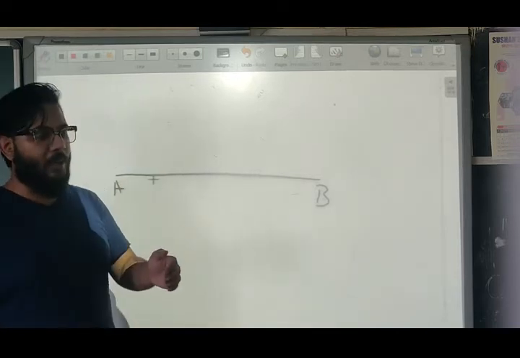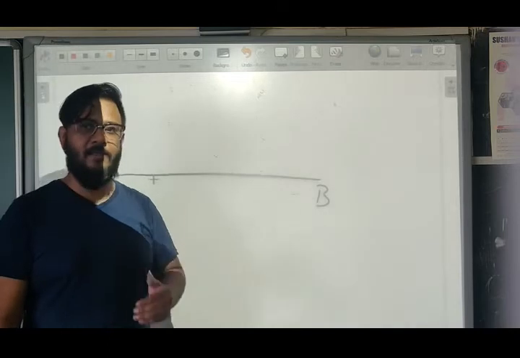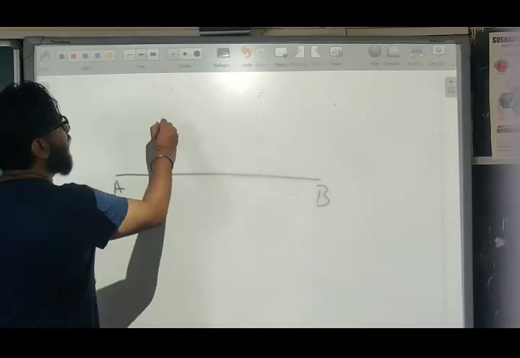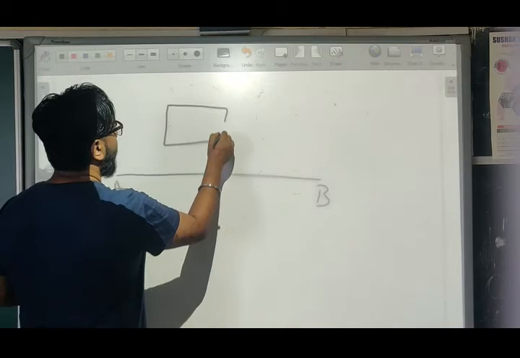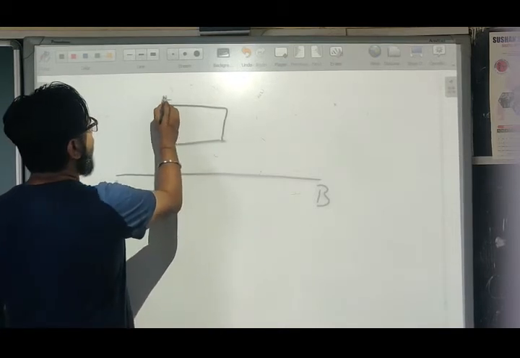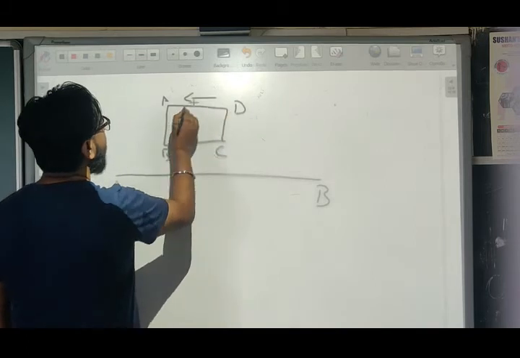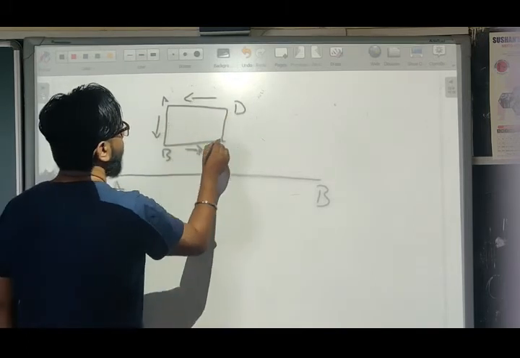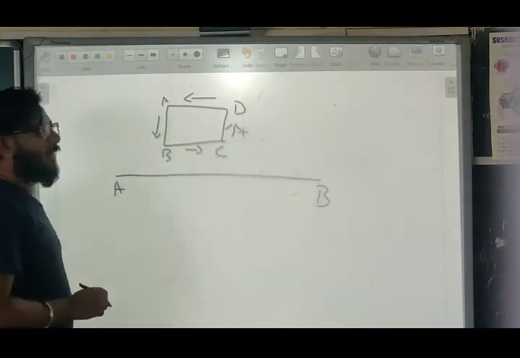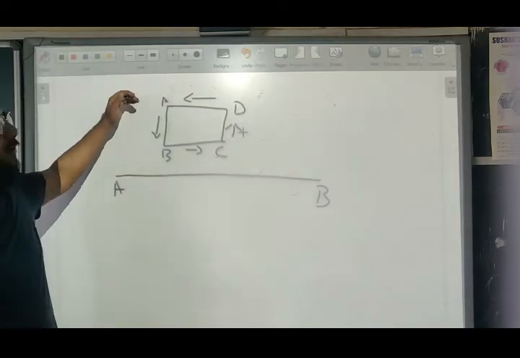A scenario where a person starts and ends at the same place. For example, it can also be a square scenario. He starts at point A, goes to point B, goes to point C, goes to point D, and again comes back to point A. In that case, again his displacement is 0.